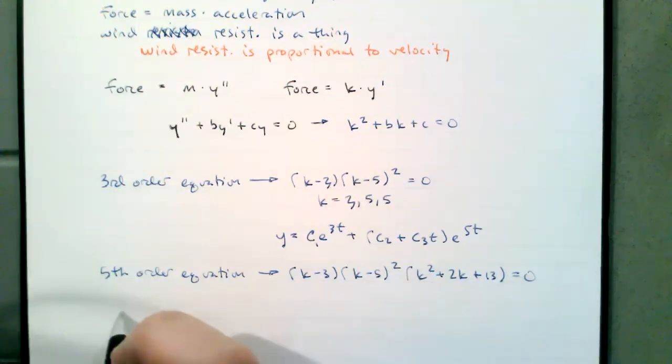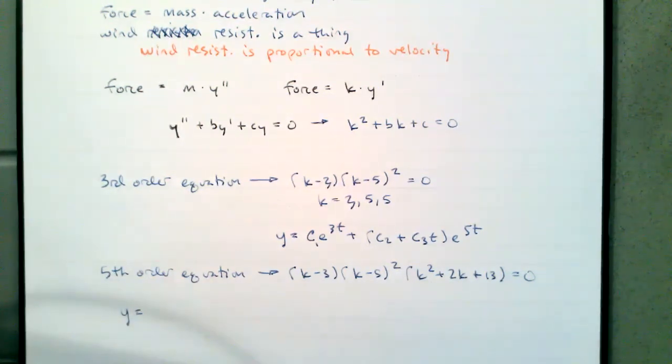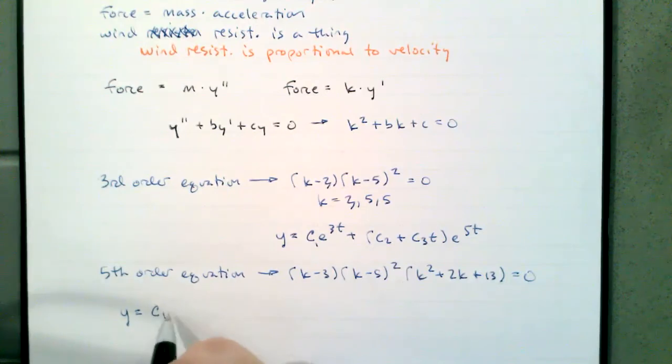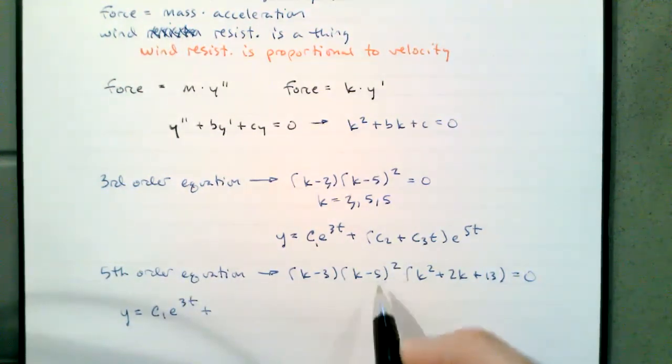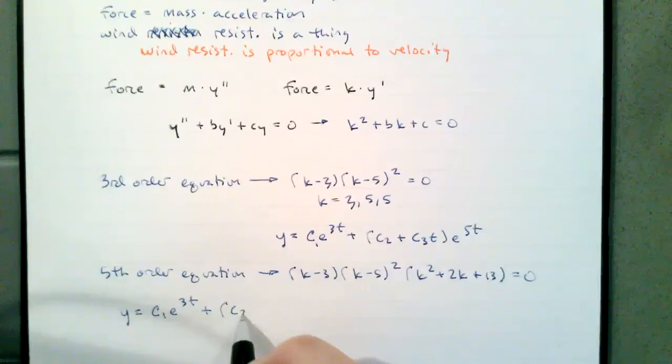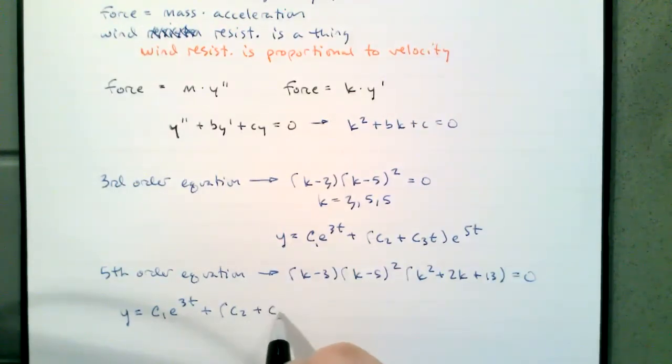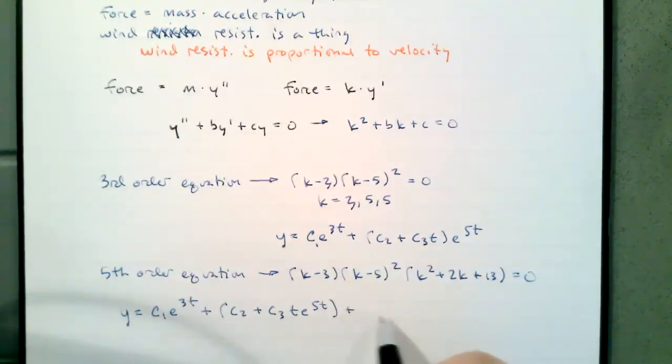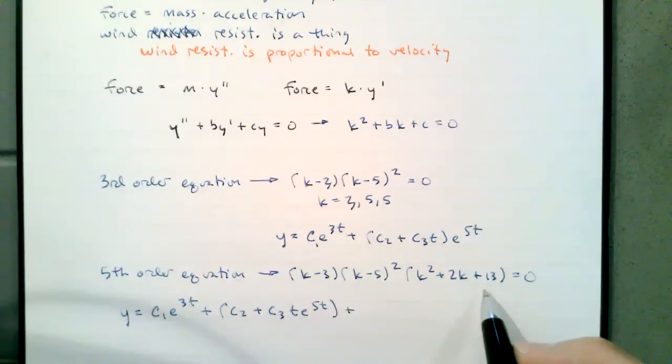So my general solution, I would not want to be finding the constants in this one because there's going to be 5 of them. But I need a C1 e to the 3t. I need to deal with this 5 showing up twice. So I have a C2 plus C3t e to the 5t. Plus, and then the solutions here are 2 plus or minus 3i.